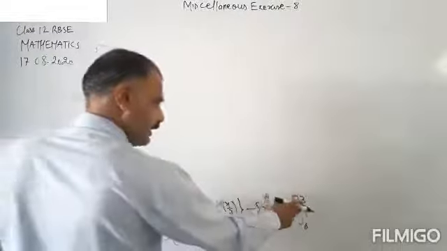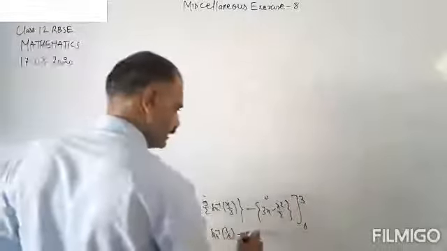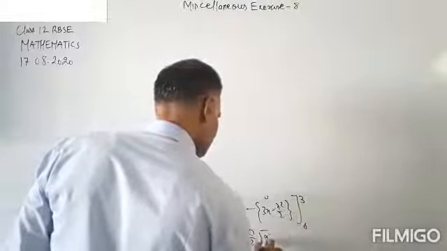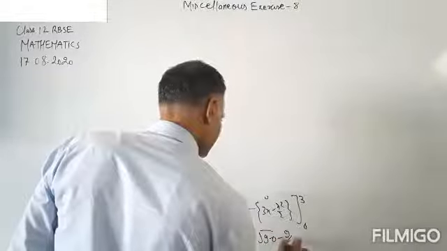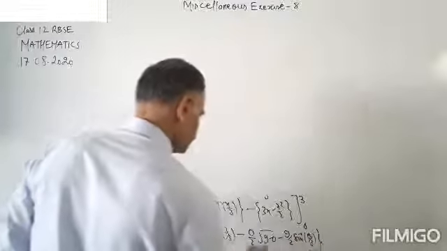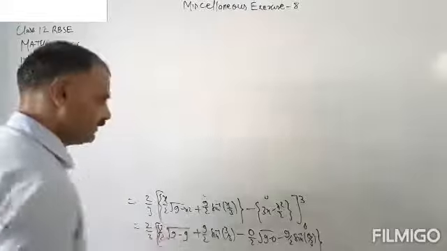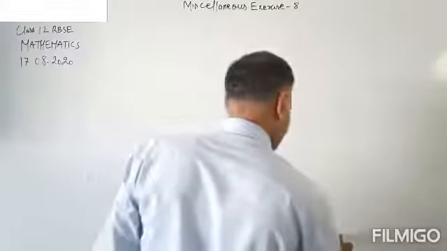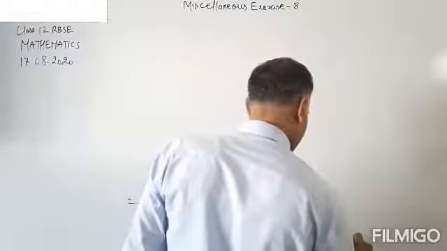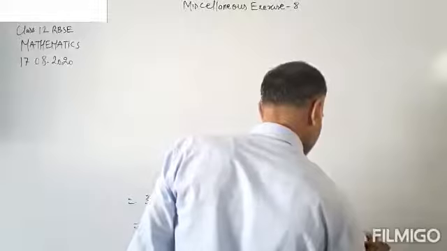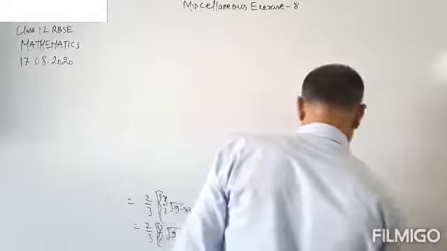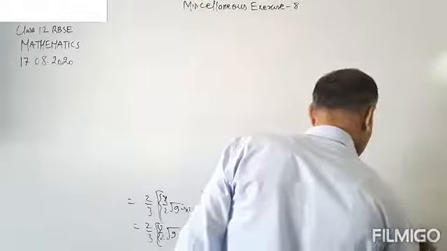This is the upper limit of the first integration, minus the lower limit, that is 0: 0 by 2 under root 9 minus 0, minus 9 by 2 sine inverse 0 by 3. Then minus the upper limit of the second integration, 3 into 3 minus 3 square by 2, minus the lower limit 0, 3 into 0 minus 0 square by 2.